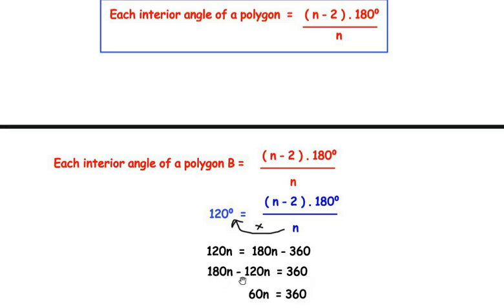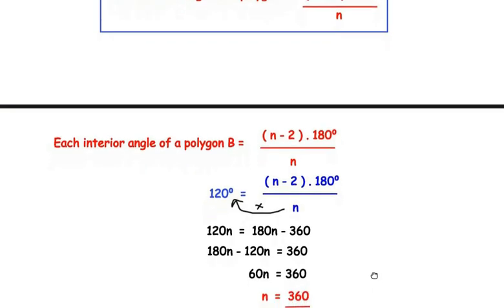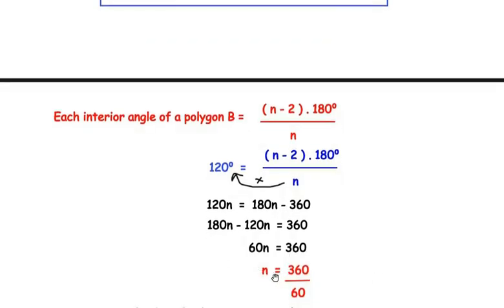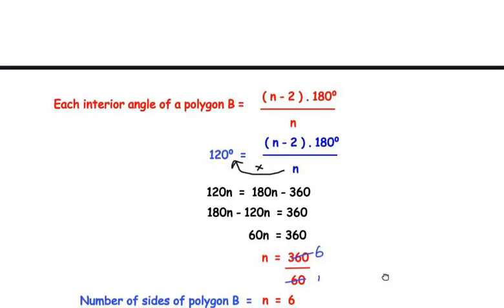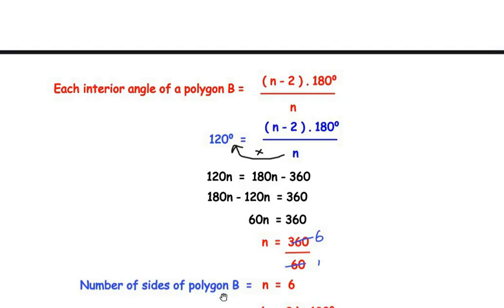So 180 minus 120 gives us 60n is equal to 360. Now dividing both the sides by 60, we get n is equal to 360 by 60. Now 60 one times is 60 and 60 6 times is 360. So polygon B is made up of 6 sides. So here we have written number of sides of polygon B is equal to 6.